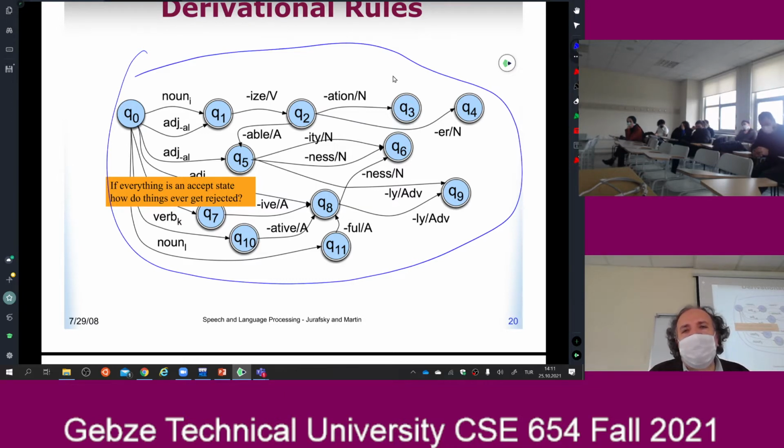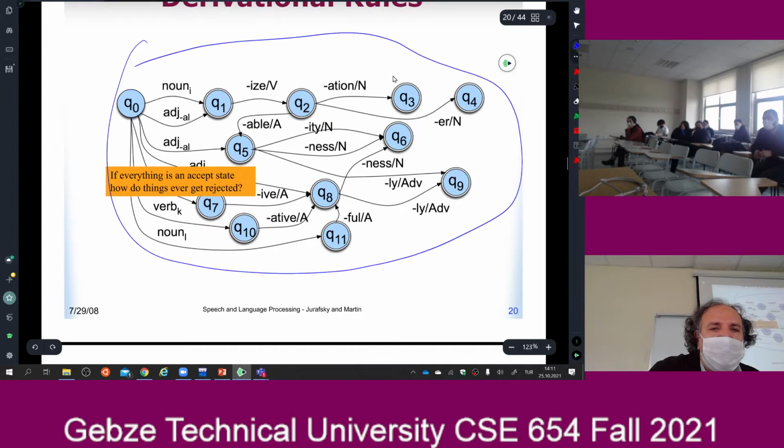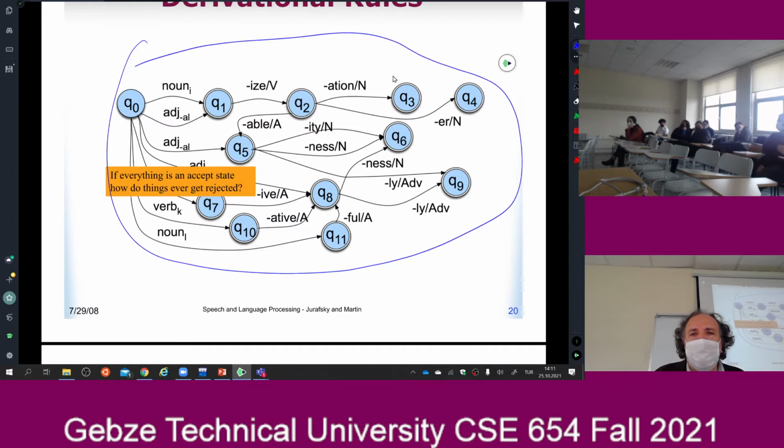Verbalize and verbalization. Another one is another -al suffix. It gets me to this Q5 and verbality, verbalness. How about this one? Computerizableness, computerizably.